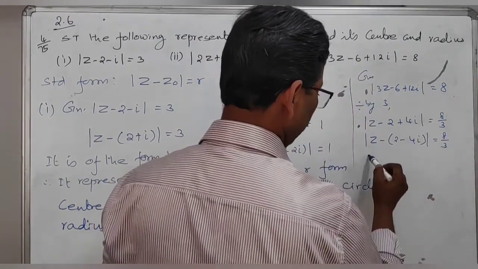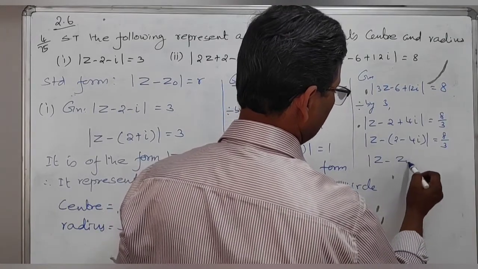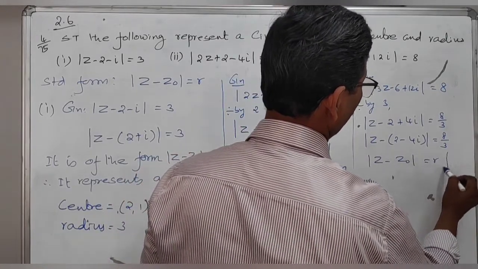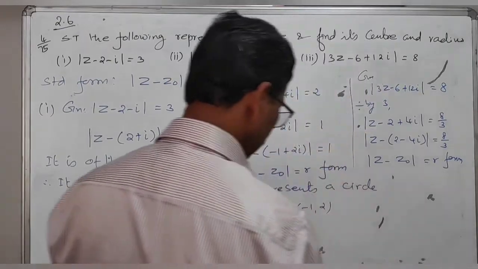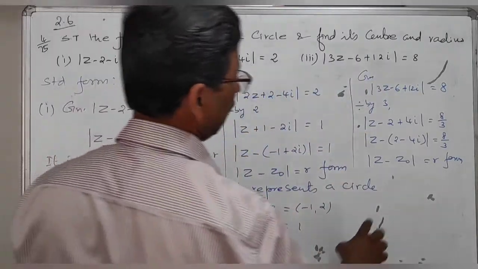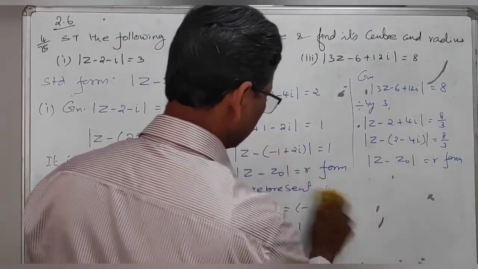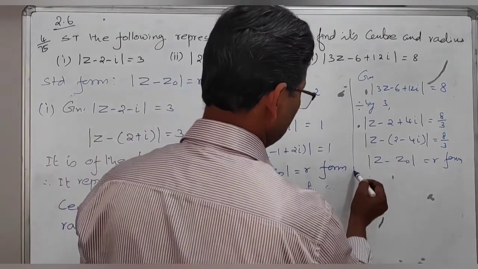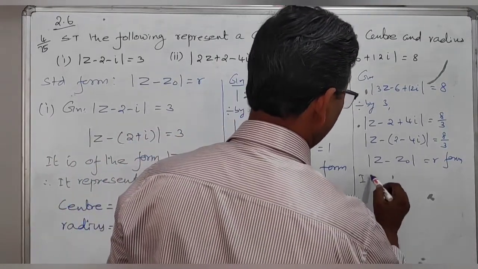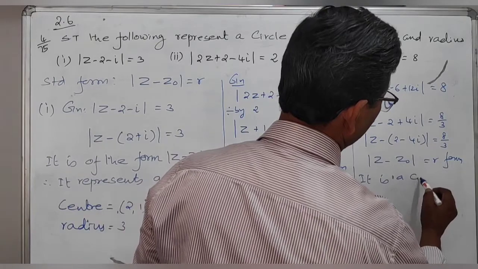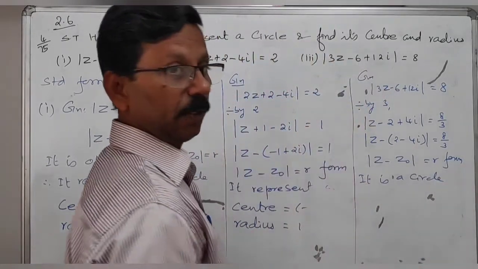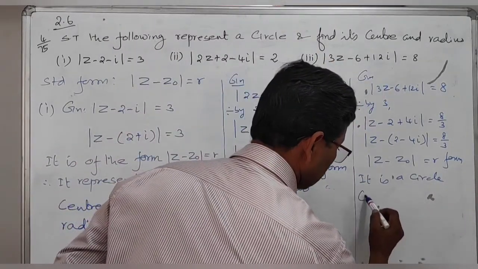This is of which form? Z minus Z0 is equal to R form. Therefore, it represents a circle, or simply it is a circle. After that, you can write the center.